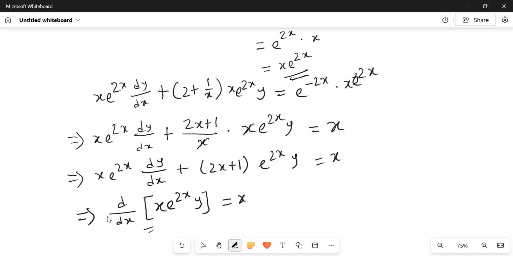You can try that by yourself. Say x e to the power 2x is constant, then we differentiate y with respect to x, we get dy by dx, and when y is constant we have to differentiate x e to the power 2x with respect to x, we get this. So you try that by yourself.